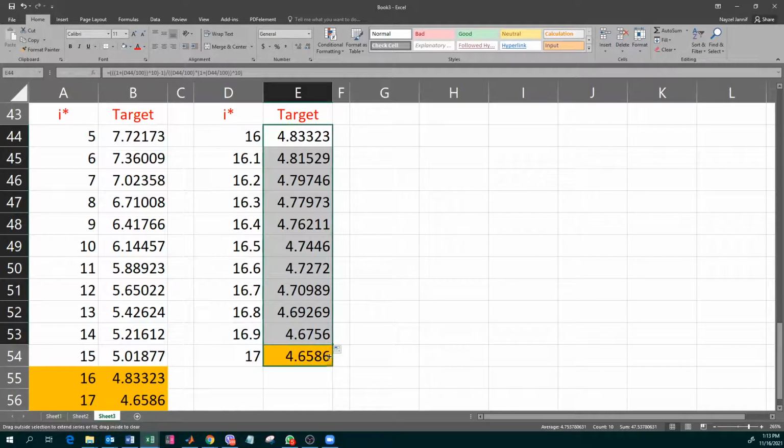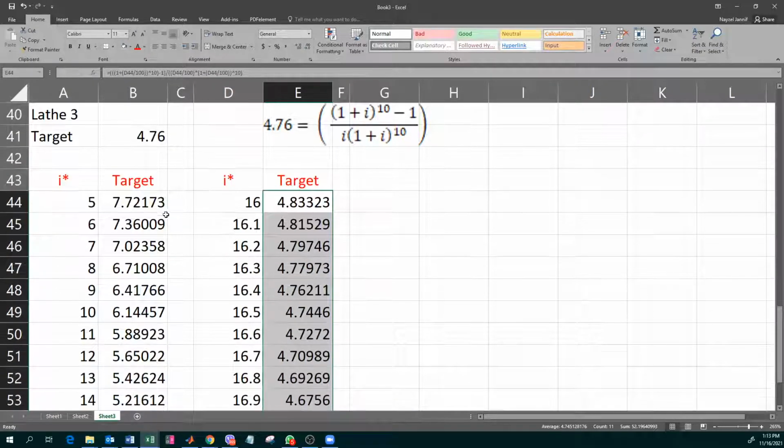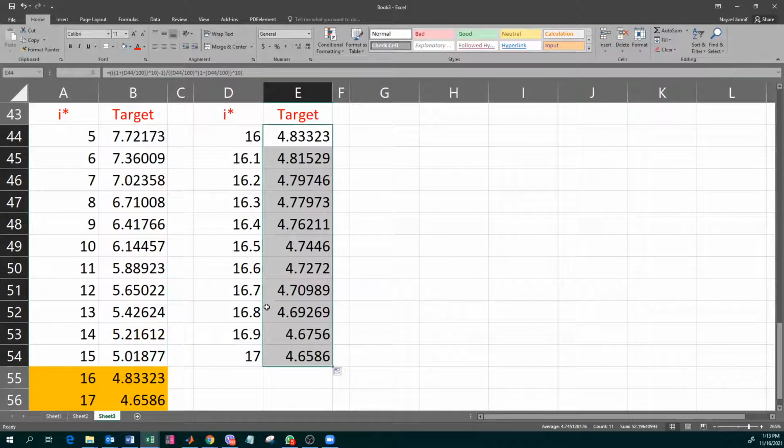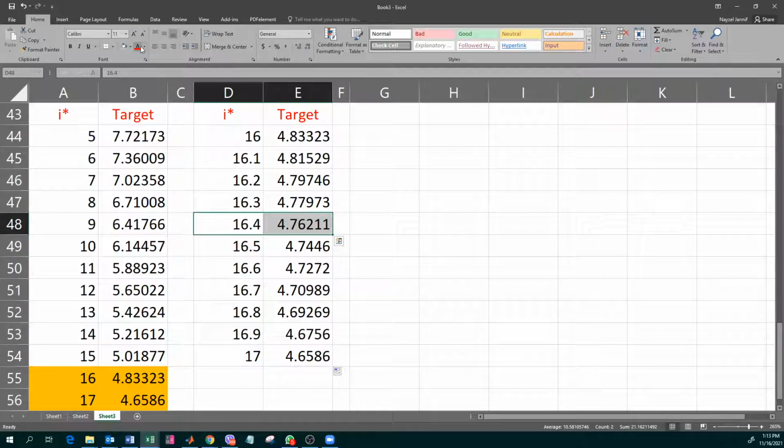There we go. Where is 4.76 sitting? Where would that arise? Well, we've got 4.76 at 16.4, and I'll accept it because you've got two decimal places, 4.762, and when you round that up, 4.76211, that's 16.4.